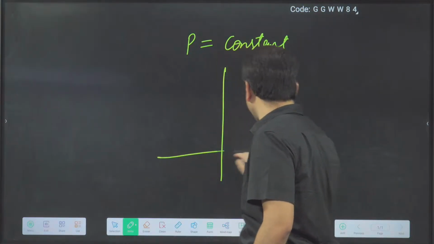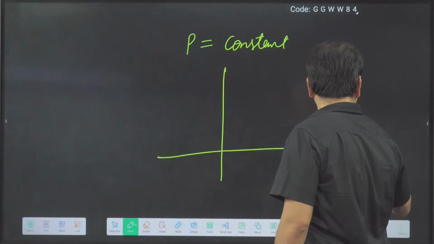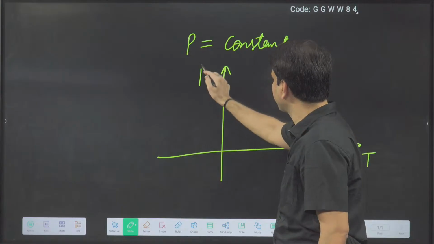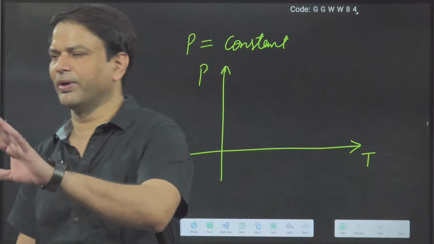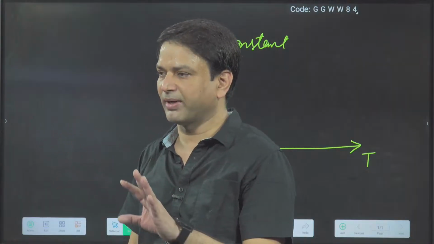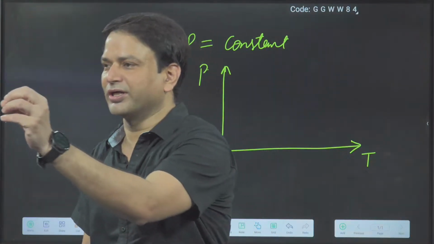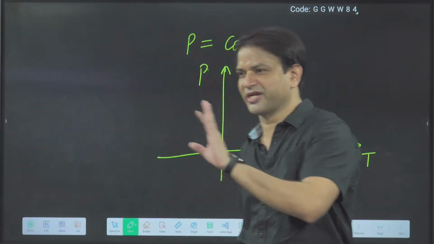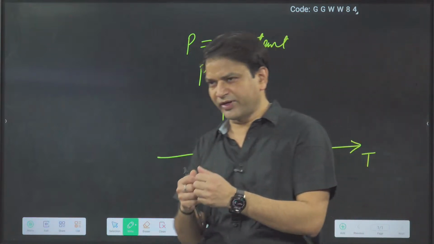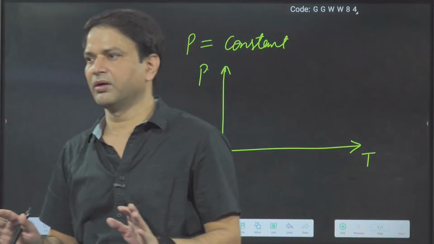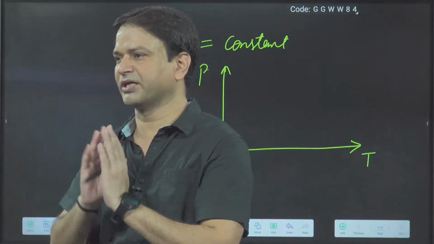Suppose I plot temperature here and pressure here. I'm asking for the PT graph for the isobaric process, whether you know it or not doesn't matter. Pressure is constant, and you have to plot the graph between pressure and temperature.